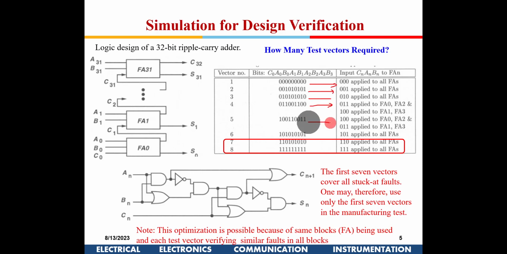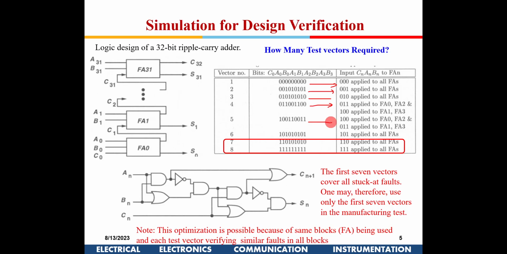But for the fourth and fifth case, it's like FA0, FA2, FA1, FA3, and then we have to repeat it the same for the last one. For the test vector 4th and 5th, it's specifically mentioned that for FA0 and FA2 we have to apply 0 1 1, and for FA1 and FA3 we have to apply 1 0 0.